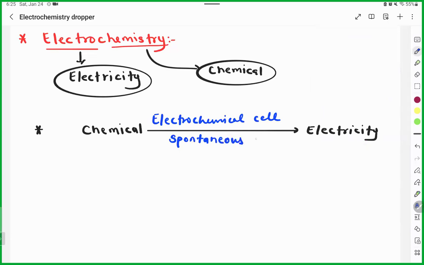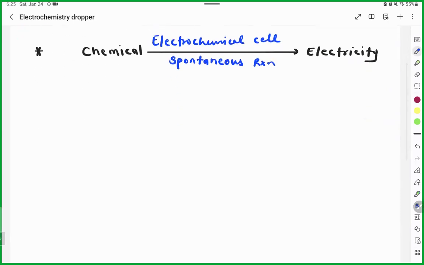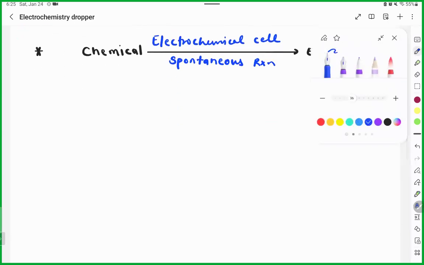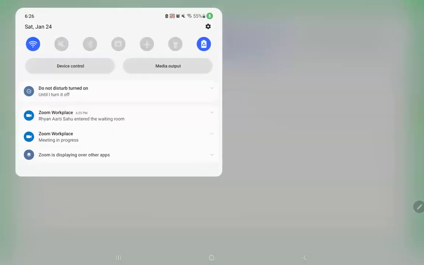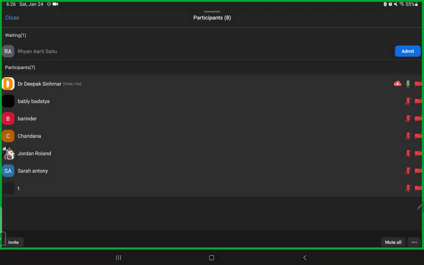The reaction happens without needing much activation energy, in a very fast manner. Correct. When we say any reaction occurs spontaneously, it means it is ready to proceed.